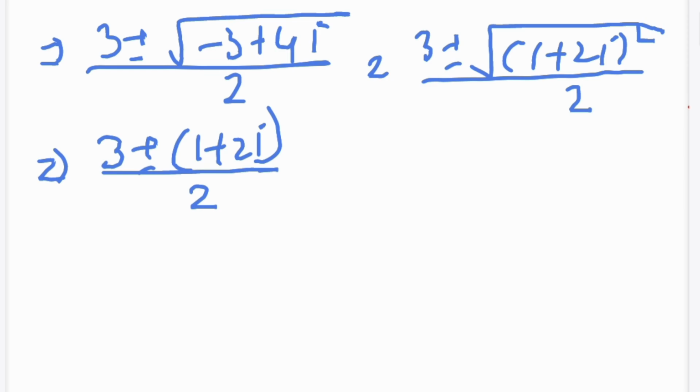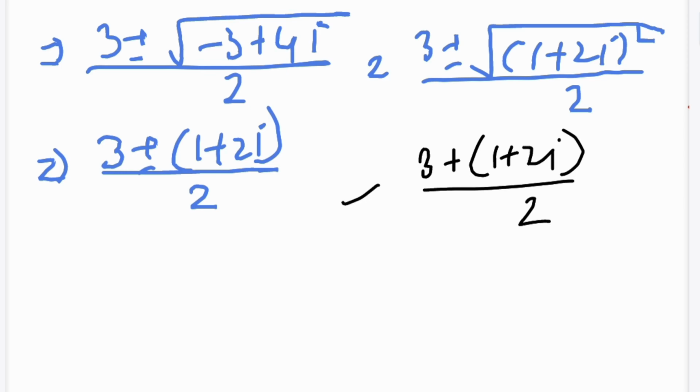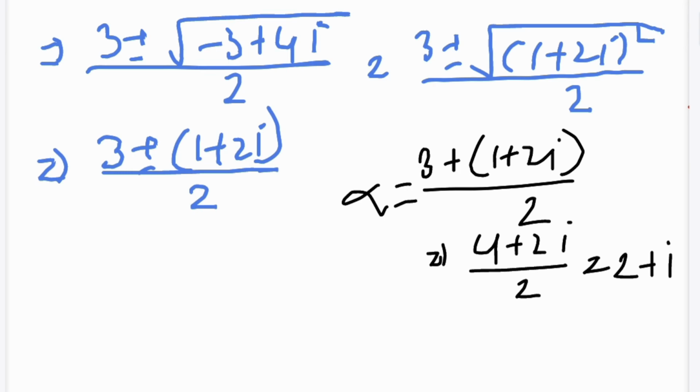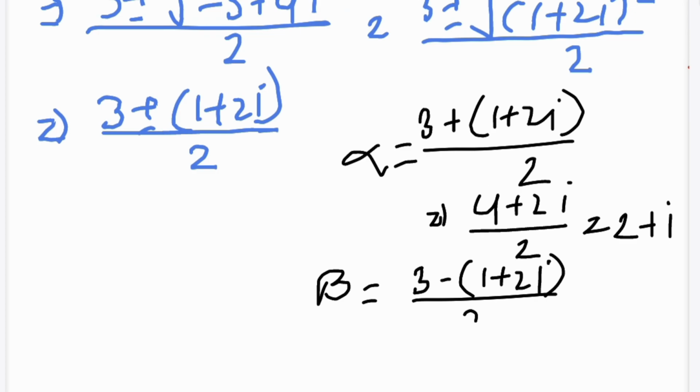One root, let's call it alpha, is 3 + 1 + 2i over 2, that is simply 4 + 2i over 2, which is 2 + i. Another root is beta, that is 3 - (1 + 2i) over 2, so this is simply 2 - 2i over 2, which is 1 - i.